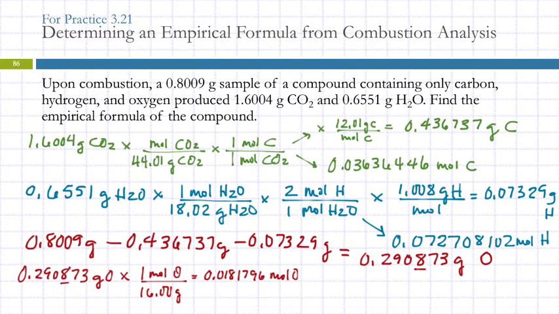I need to take all of these moles and divide by the smallest number of moles. Which element has the smallest number of moles here? The oxygen. So I'm going to divide oxygen by itself.